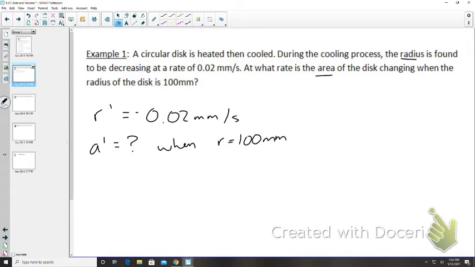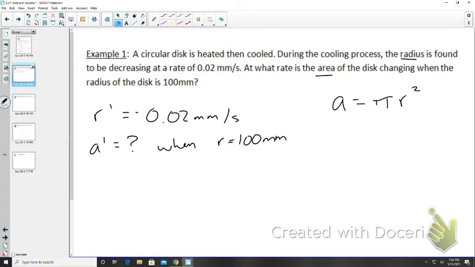Yeah, exactly, right? Okay, so as Quinn mentioned, we know area is equal to pi r squared, right? And we are looking for A prime, the rate at which the area is changing. So what do we need to do? Let's take the derivative, right? Good.